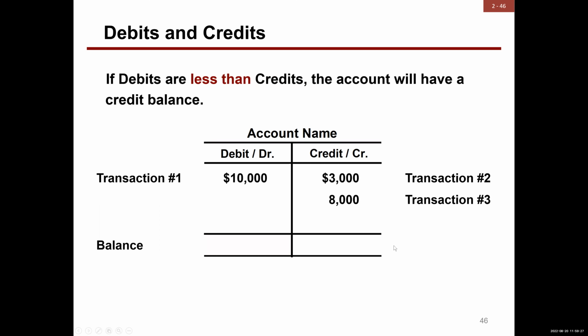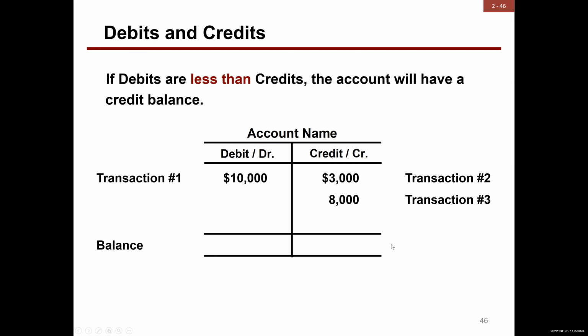Now, if the debits are less than credits, the account will have a credit balance. Well, here we have a debit balance of 10,000. On the credit side, we have a credit balance of 11,000. Well, 11,000 is bigger than 10,000. So the credits are bigger than the debits. The credits win.